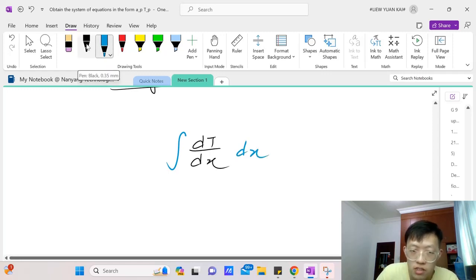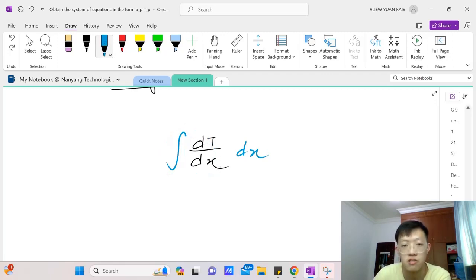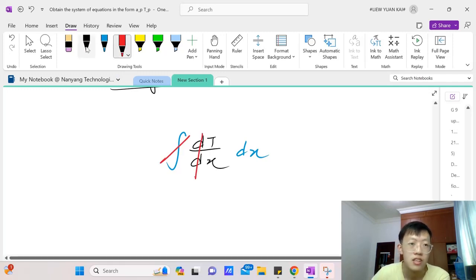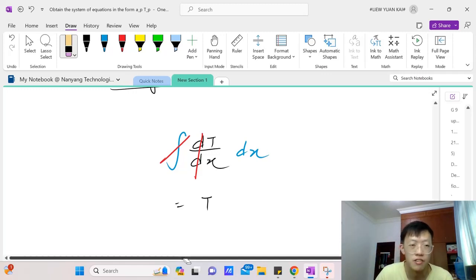Integration is the opposite of differentiation, so the integral will cancel with the derivative, and I'm only left with t. So my answer will be t. This is what I mean by downgrading the derivative: I see an integral, I see a derivative, and the integral will downgrade the derivative back into the original function.